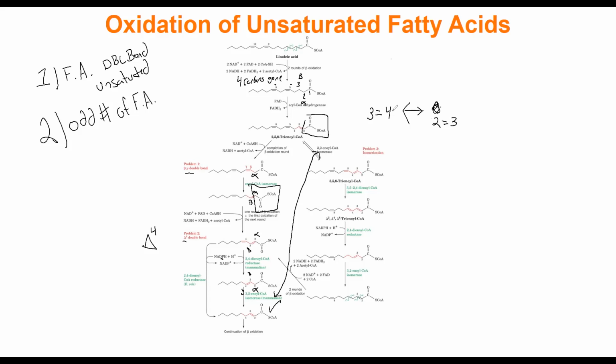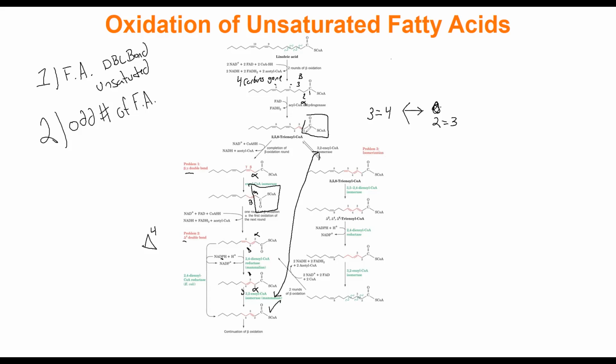And so I find it's always important to point this out. Enzymes don't think, right? They don't know that taking a 2,3 and making it into a 3,4 is quote unquote bad, because we can't do beta oxidation if you have a 3,4 double bond. It needs to be a 2,3 double bond. But this enzyme works both ways. It can take a 2,3 and make it into a 3,4. And that's our problem 3 here.